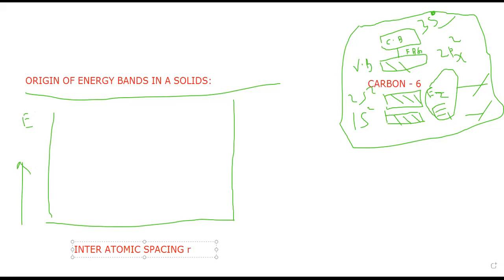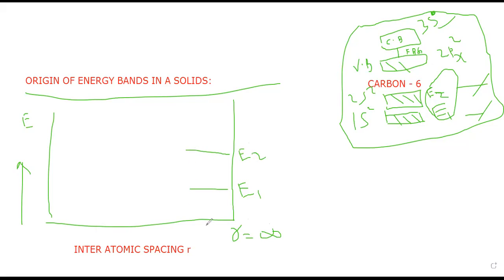Suppose at infinite interatomic spacing, the solid has separate energy levels. In carbon, these are the E1 and E2 energy levels. At infinite interatomic spacing, the solid has completely filled energy levels.